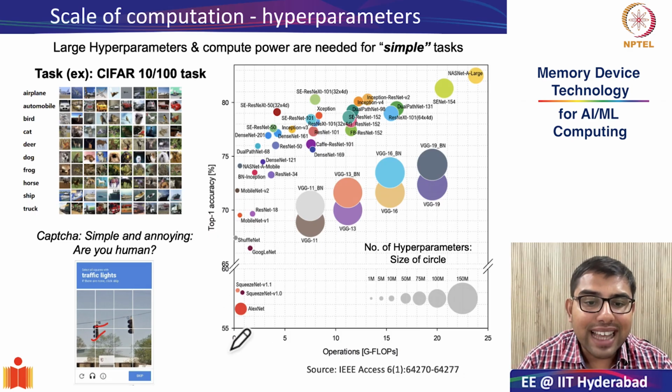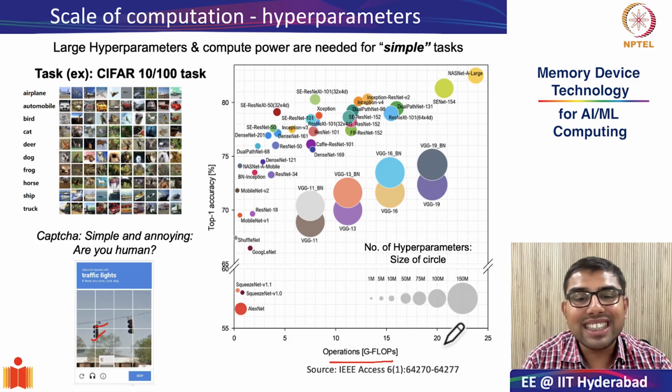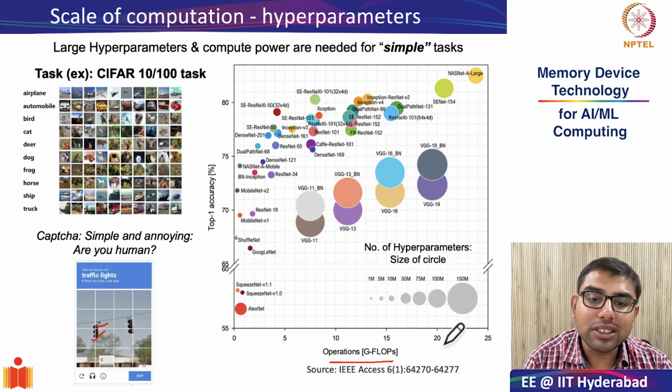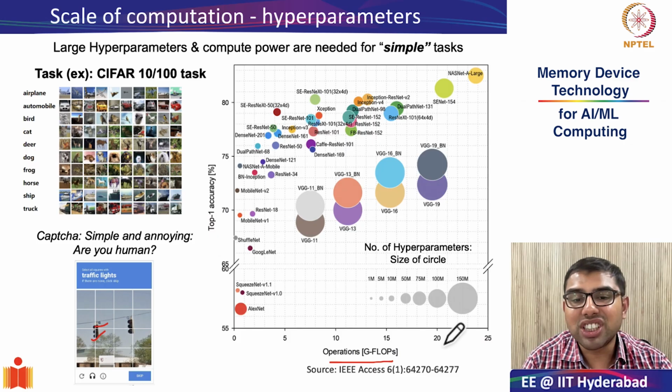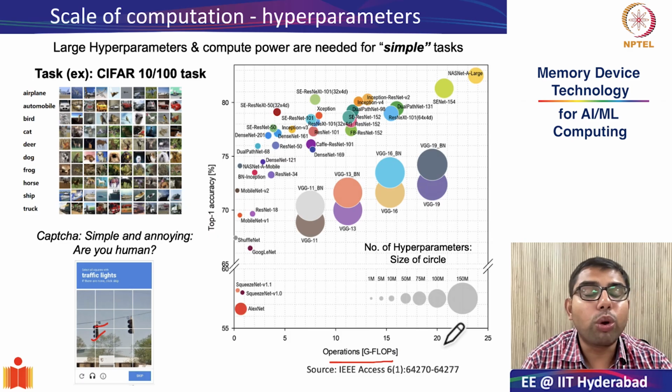On the x-axis, you see something that we will be working with today in detail. It is called GFLOPS. G stands for giga, FLOPS stands for floating point operations per second. So it tells you how much computational need a particular convolution neural network really has. That is what is indicated on the x-axis.